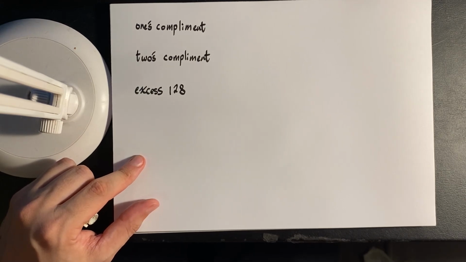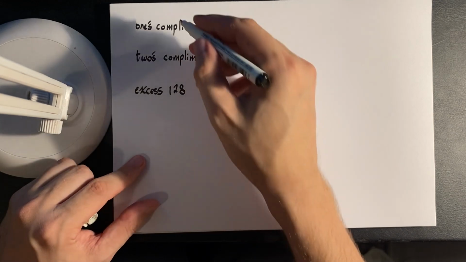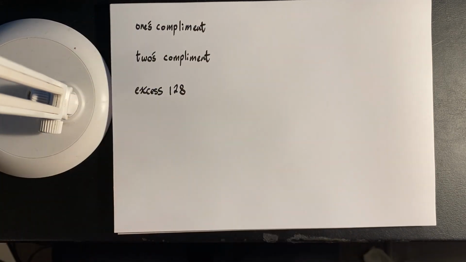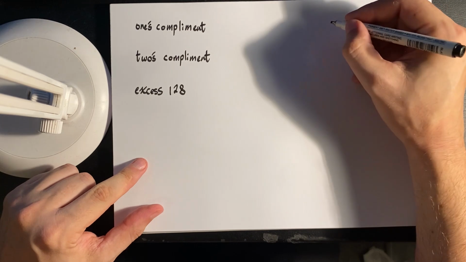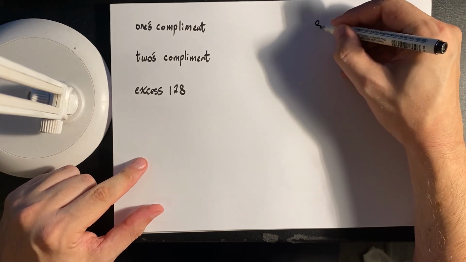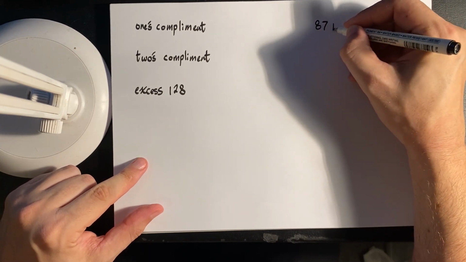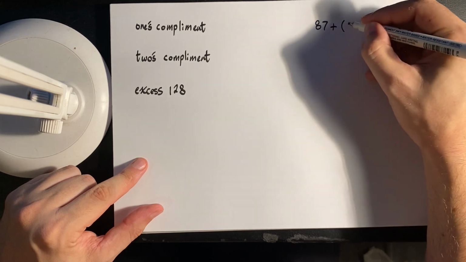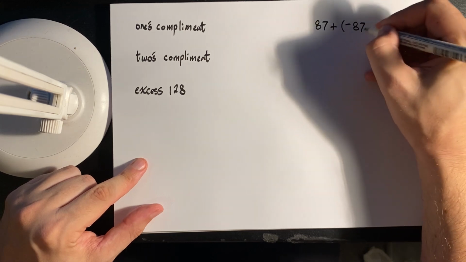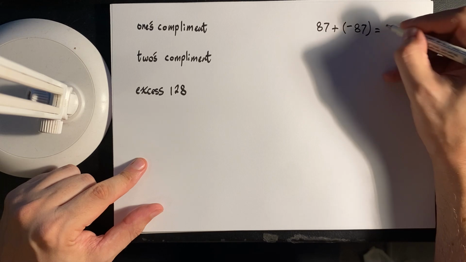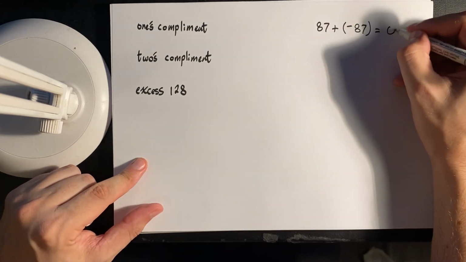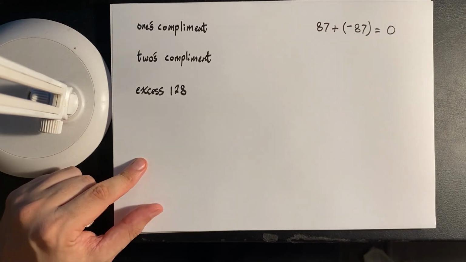Okay, so the question which all of these are trying to answer is, what is the additive inverse of a number, say 87? So if I have 87, I want some sort of number, which I'll denote negative 87, that has the property that when I add these things together, it gives me 0.